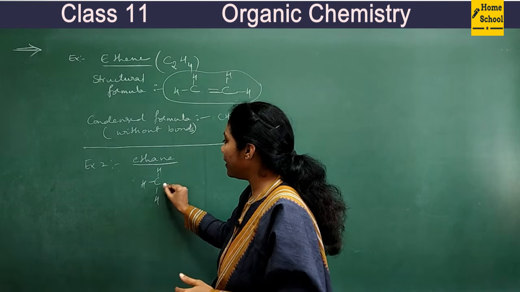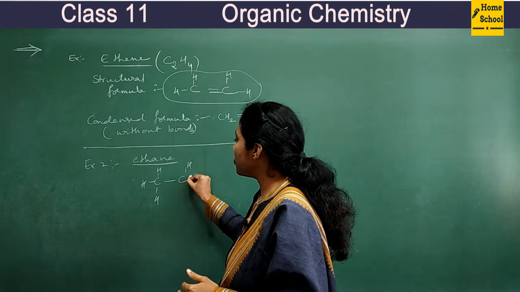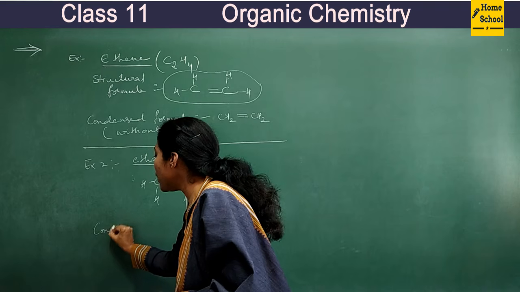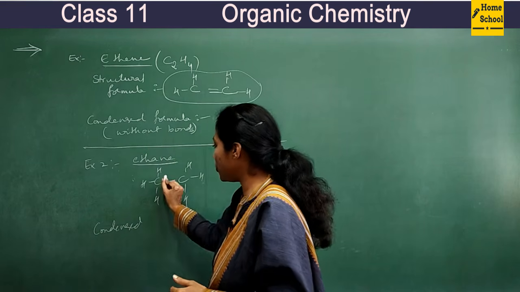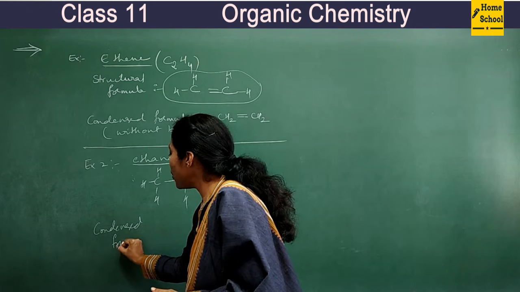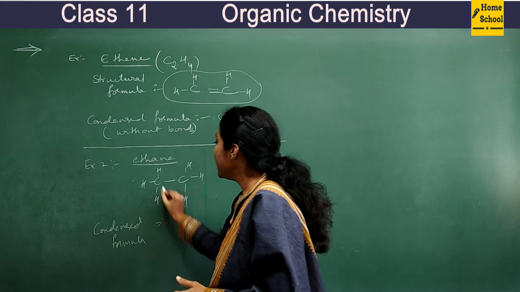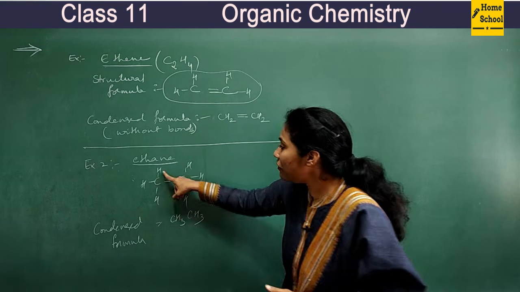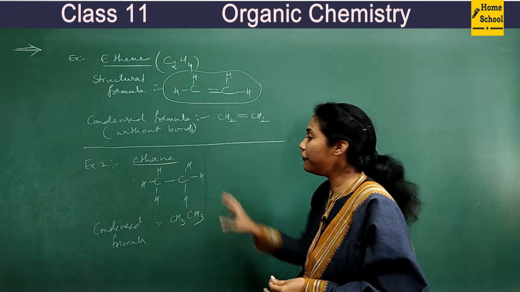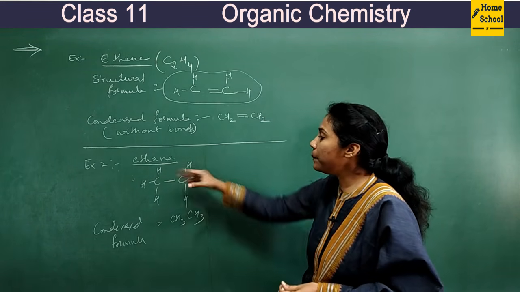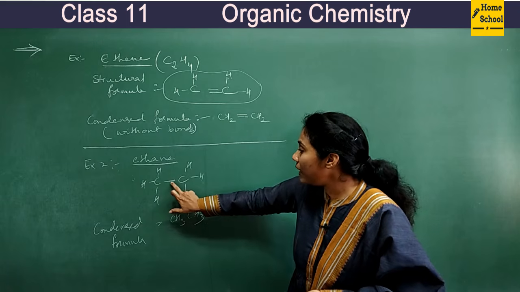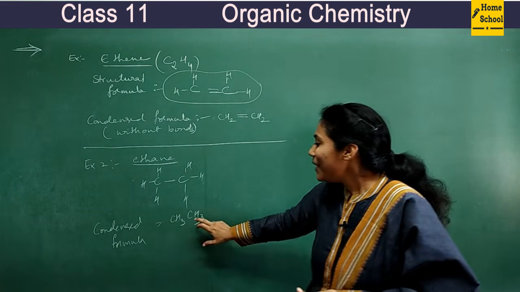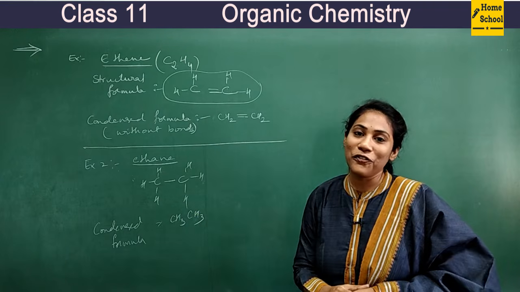CH3, three hydrogen atoms, and the other carbon also has three hydrogen atoms. How do I write the condensed formula for ethane? This is the structural formula. The condensed formula can be CH3 and CH3. I have not mentioned any bond here. If all are single bonds, no need to mention any bond, even the bond between carbon and carbon. This is what we call condensed formula.